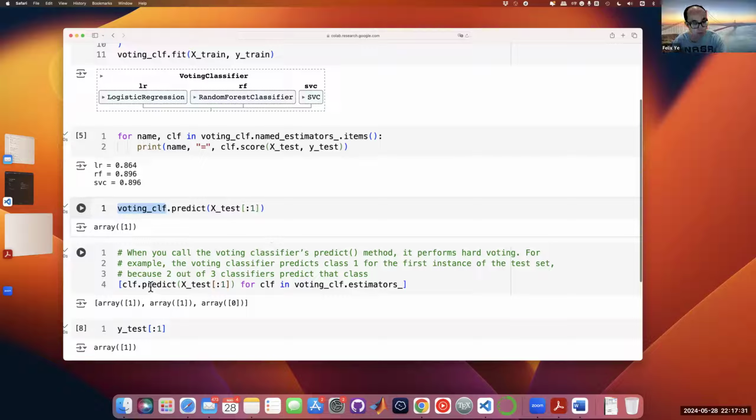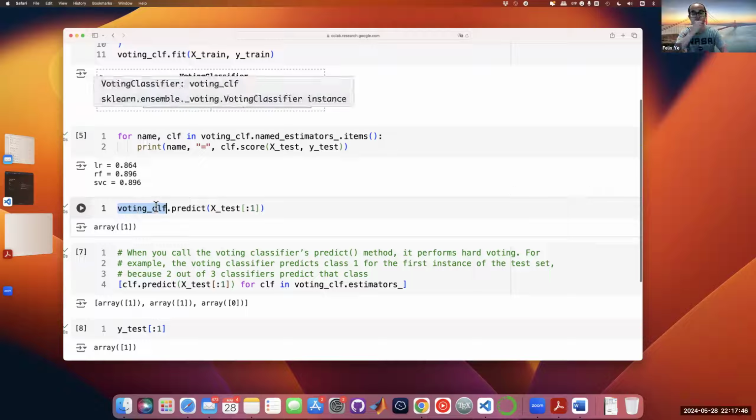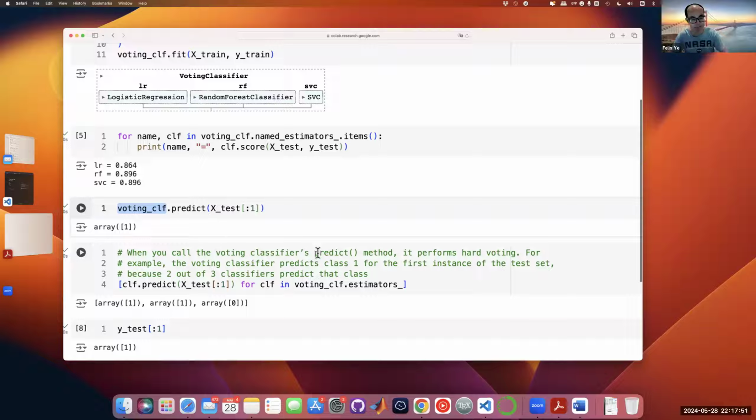So what you can do is call predict for each classifier in this voting classifier's estimators. It will actually output the predictions. For example, for the first data point of my test set, my logistic regression and random forest actually predict 1.